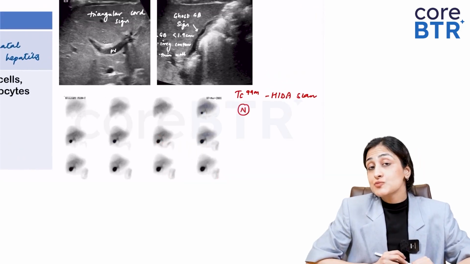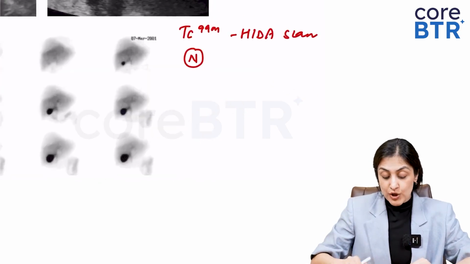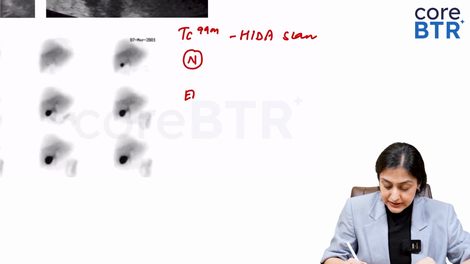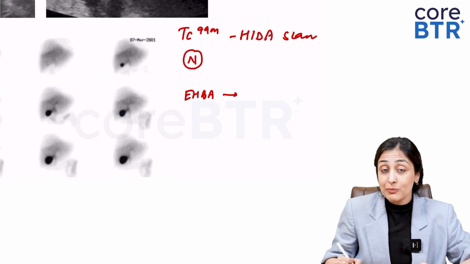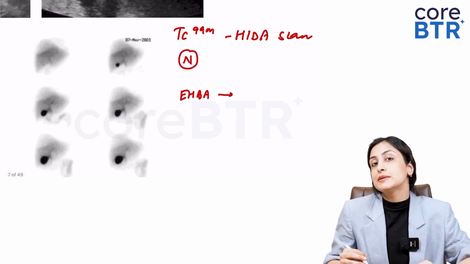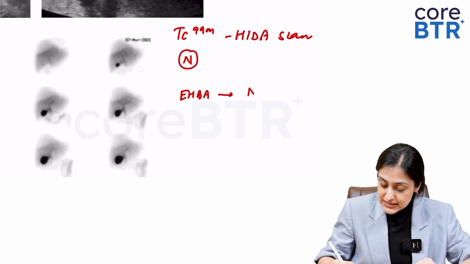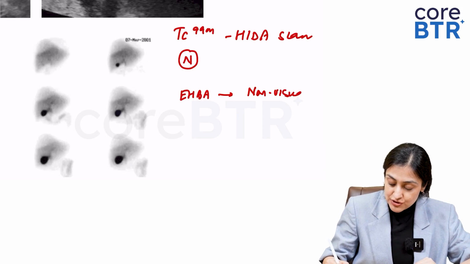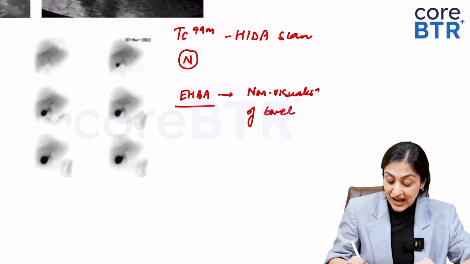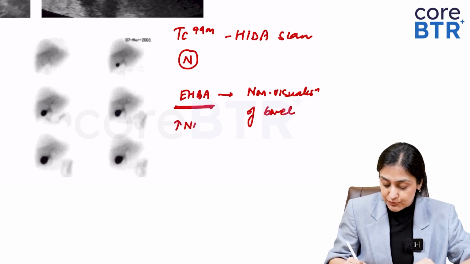Do you think in EHBA we see the bowel? No. In extrahepatic biliary atresia, because there are no bile radicals to take the bile into the bowel, I will see non-visualization of the bowel. This has a very high negative predictive value.